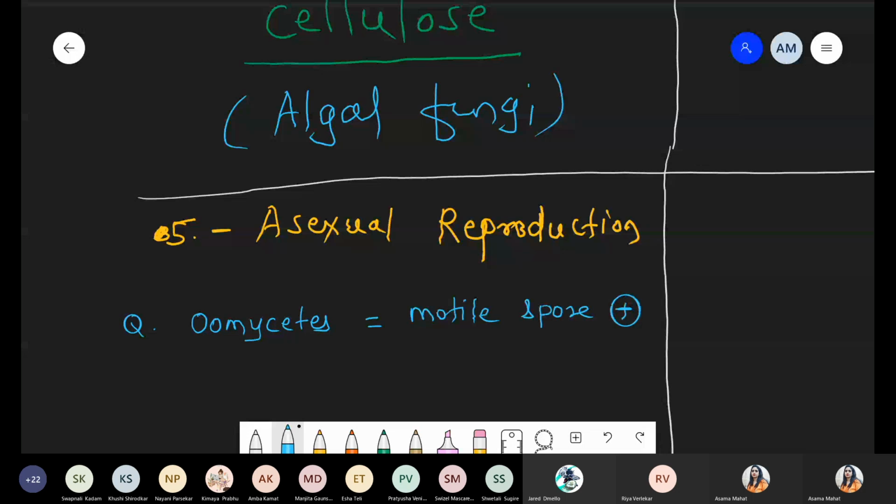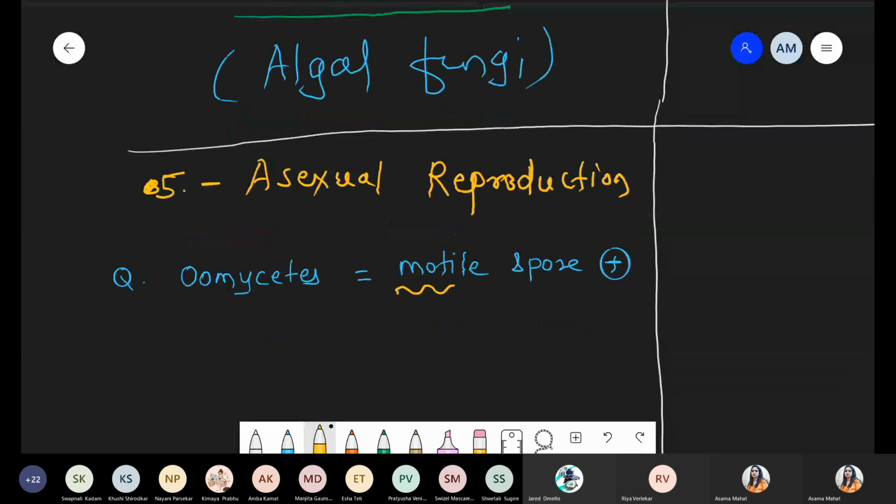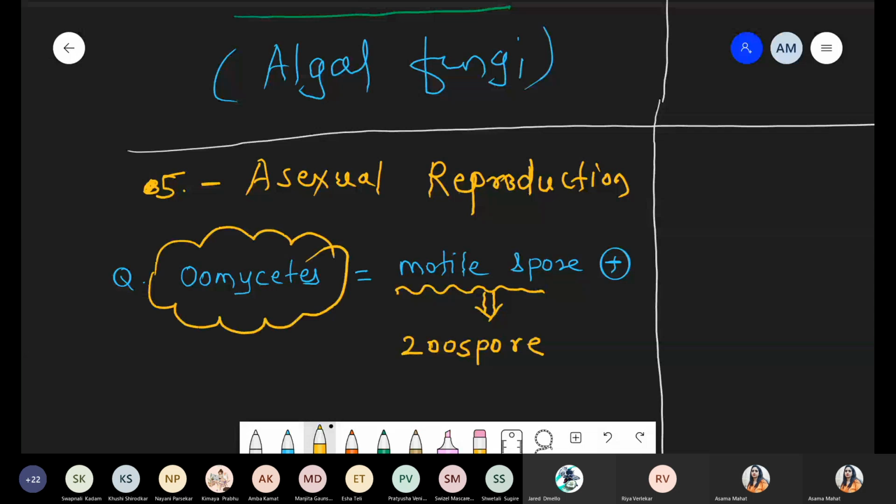Rest of all, whatever we are talking about, they have non-motile spores. Such motile spores are also commonly called zoospores. Zoo means something motile, showing animal movement, like an animal. So that's why we are talking about one and only class, oomycetes. It has the motile spore. Rest of all, they lack motile spores.